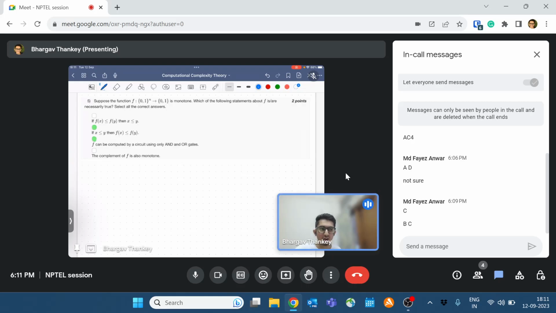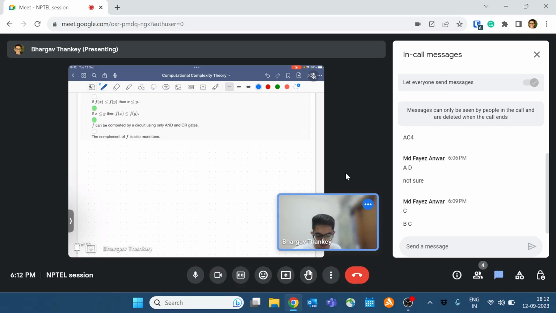Yeah, you are right, NOT is basically what breaks monotonicity. But this is not a formal argument, right? Yes, so we'll see that. It's intuitive, but I don't know how to prove it formally.